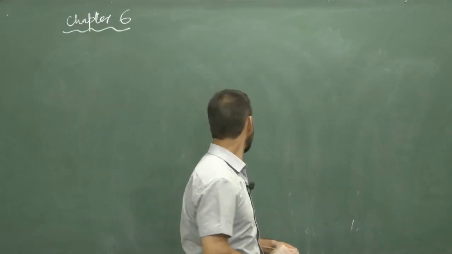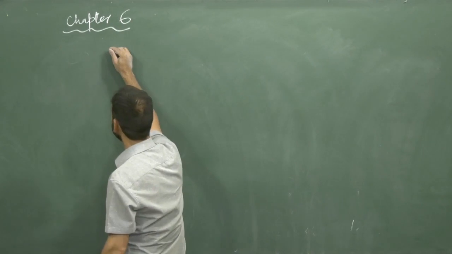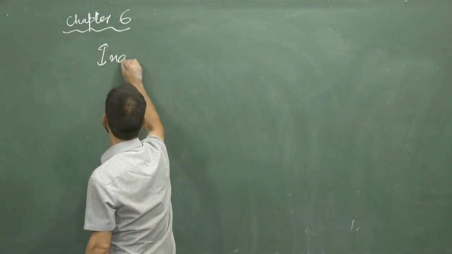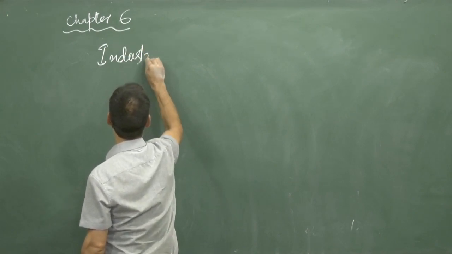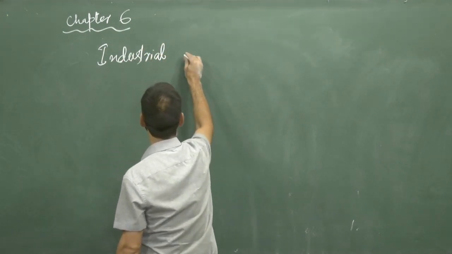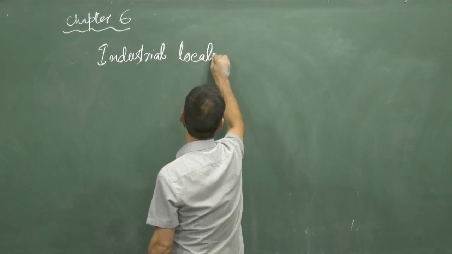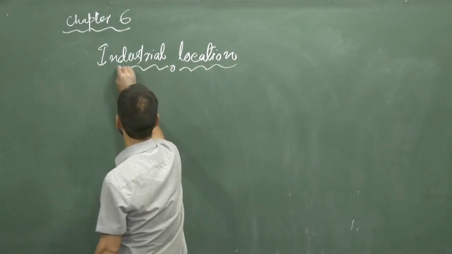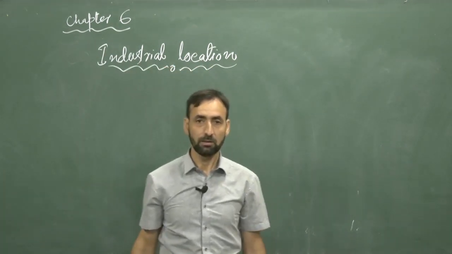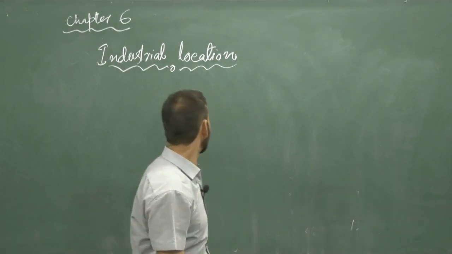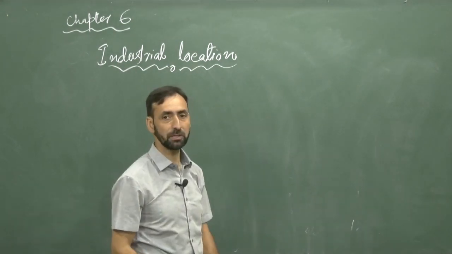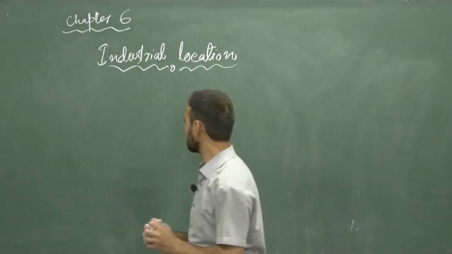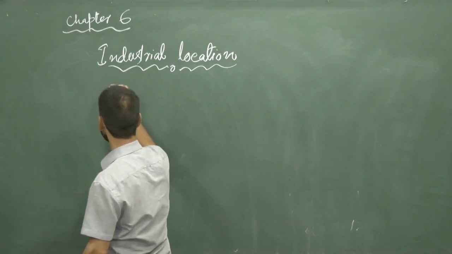Okay. Another concept related to this chapter is industrial location. Industrial location refers to where industry construction is possible and what the factors are which are very necessary for the establishment of the industries. In this way, there are particularly two factors.